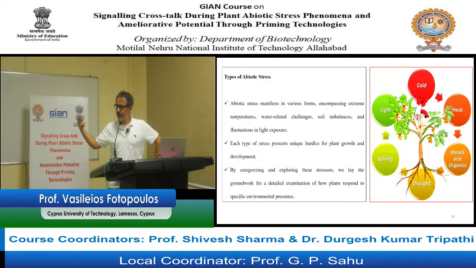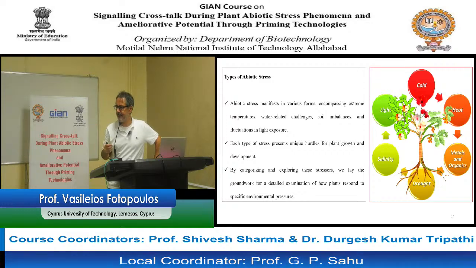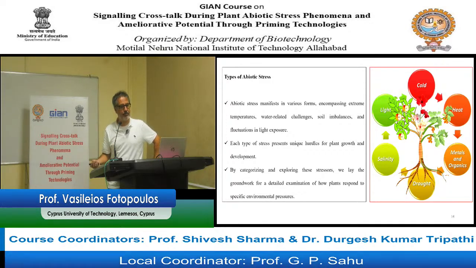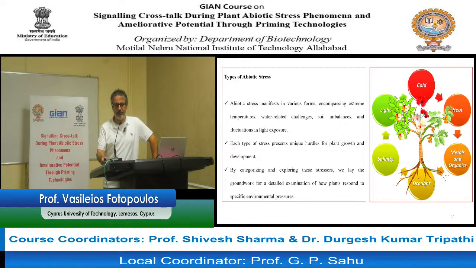In our case, when we do RNA sequencing of drought-stressed samples, salt-stressed samples, and so on, usually the number of differentially expressed genes, but also proteins when we carry out proteomics, is quite impressive. I remember that recently we carried out, as a control to a priming experiment, RNA sequencing of the stressed alone samples, in addition to the ones that are primed, so as to see the transcripts that are differentially expressed.